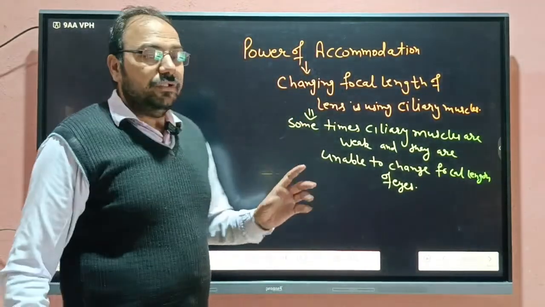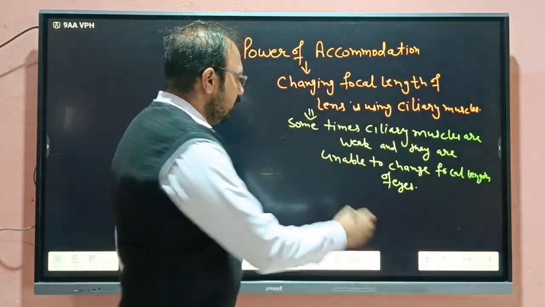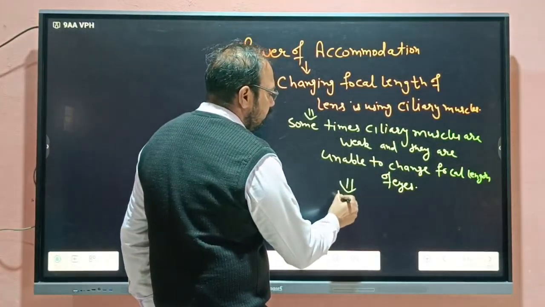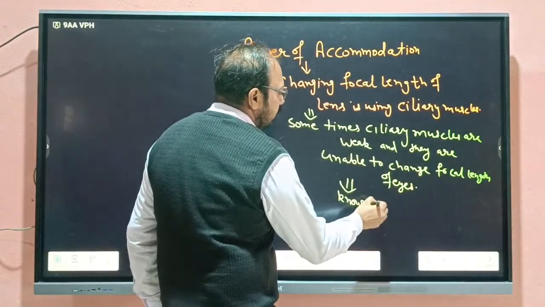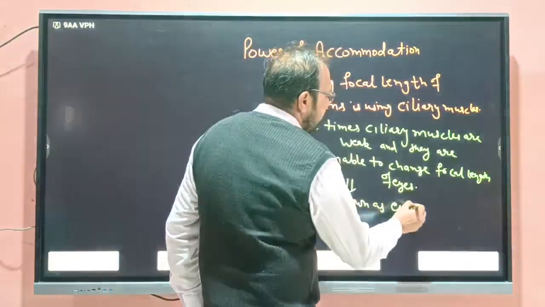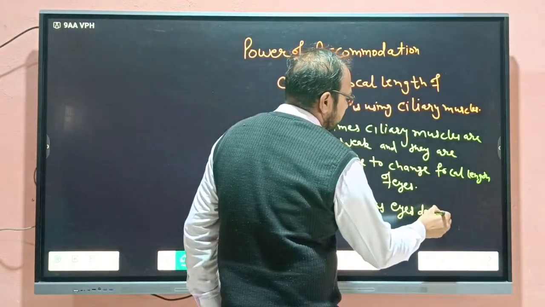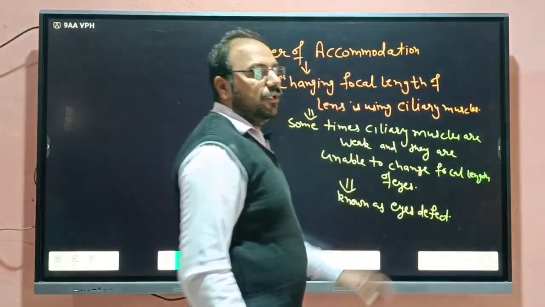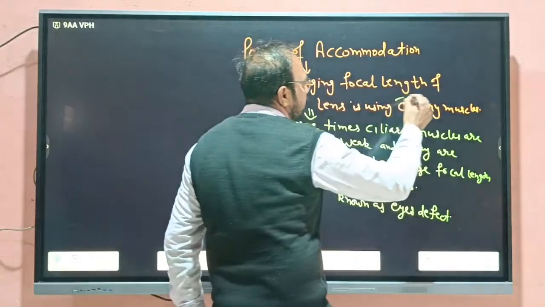Okay, so this is known as an eye defect. This defect is related to the ciliary muscles.